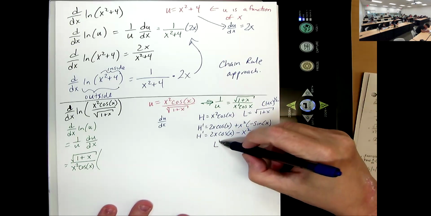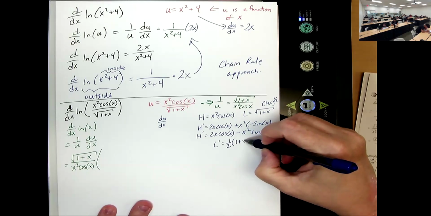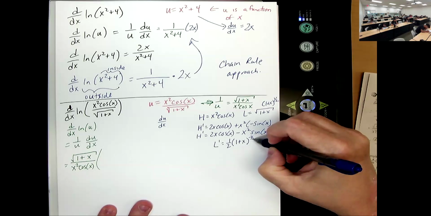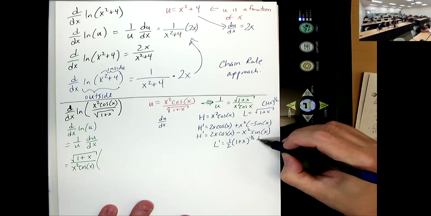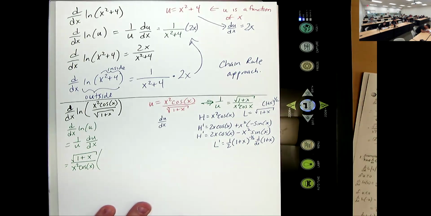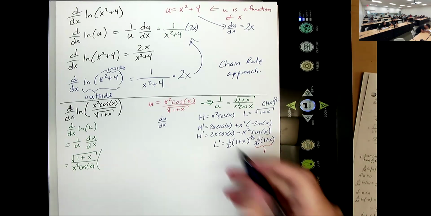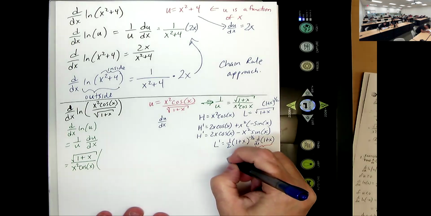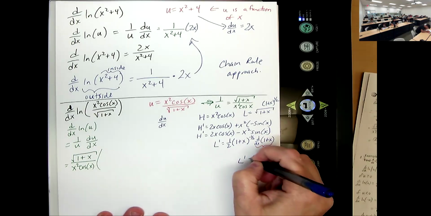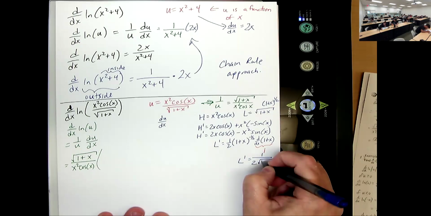And L prime is bring the power down, lower the power by 1, and then take the derivative of the inside. But that's just 1. So low prime is going to be 1 over 2 square root of 1 plus x.